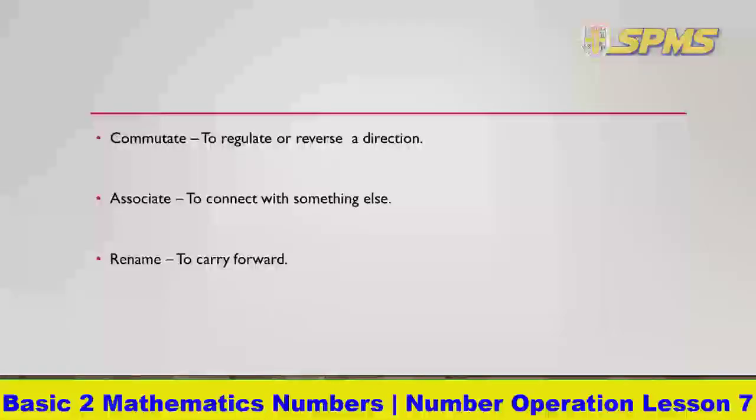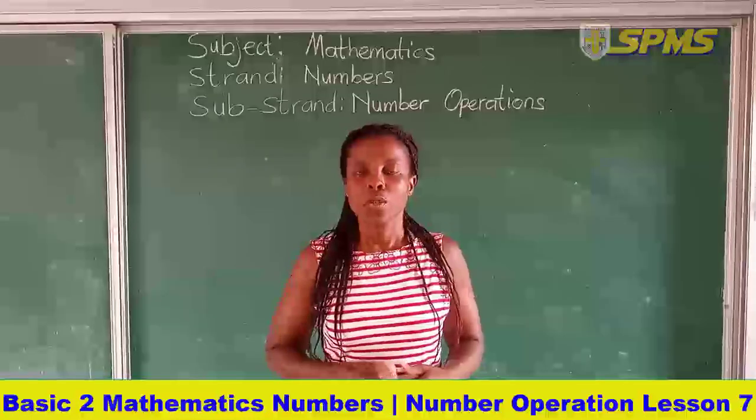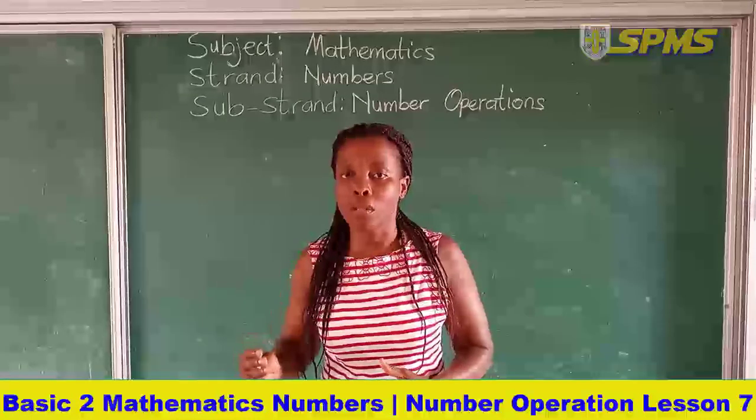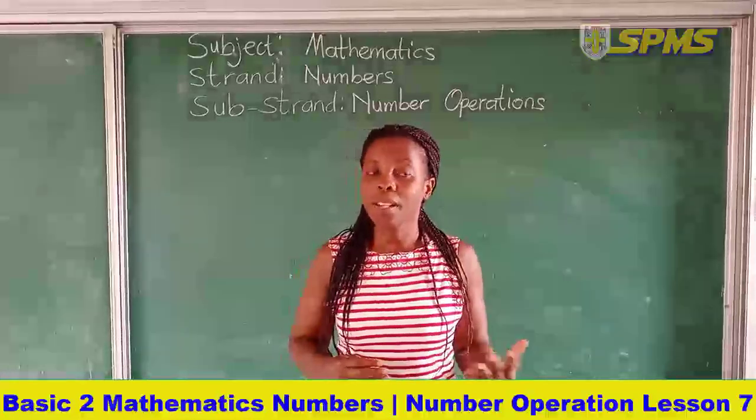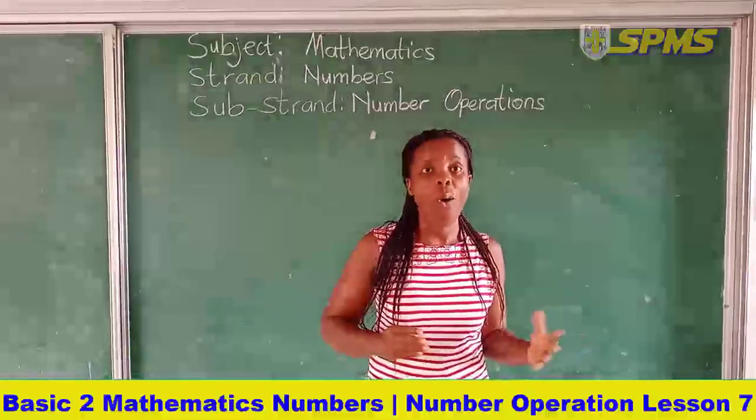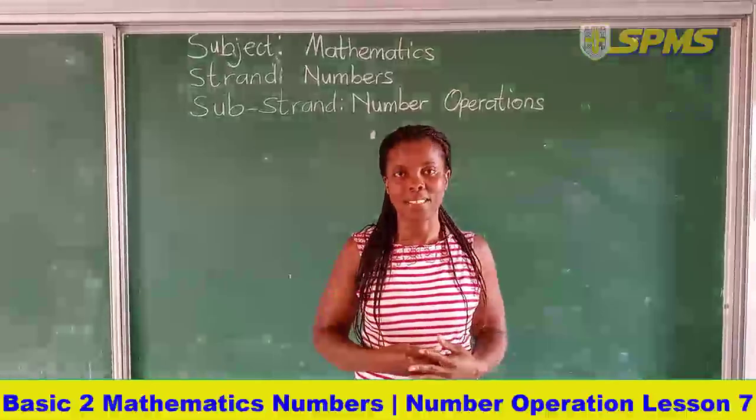The next keyword is associate. Let's spell it: A-S-S-O-C-I-A-T-E. Associate. What does it also mean? To connect with something else, either in a bracket or outside a bracket.